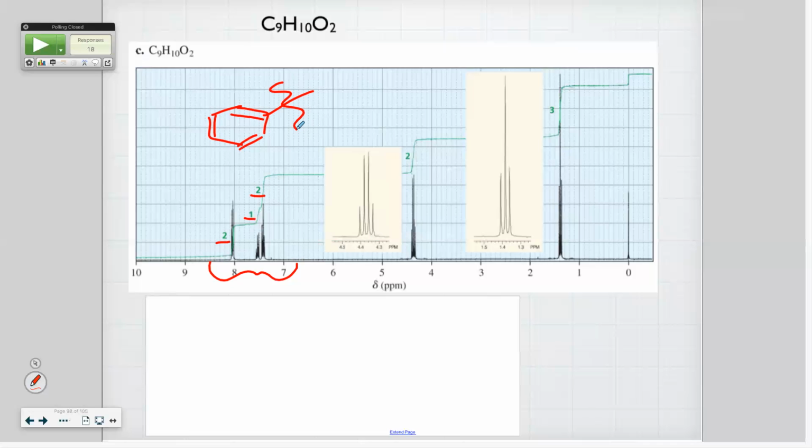All right, what have we got down here? What is this? It's what splitting? It's a quartet, so it has how many neighbors? Quartet, 3 neighbors. Okay?